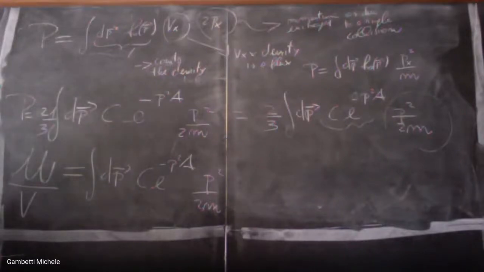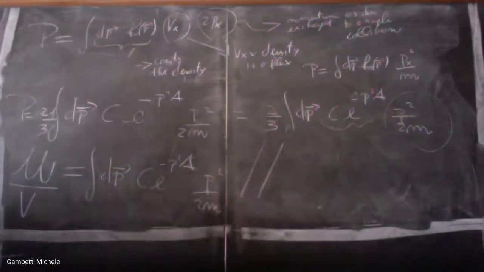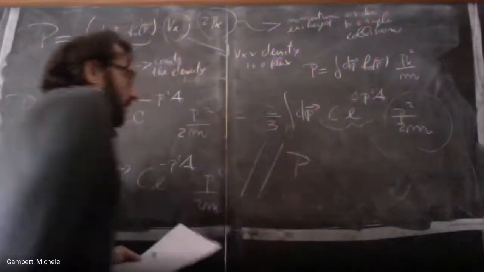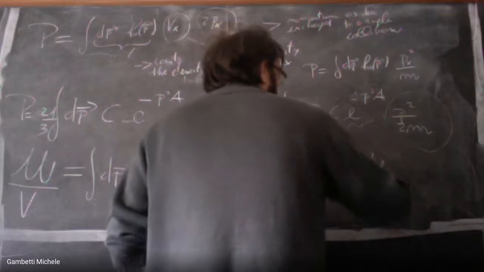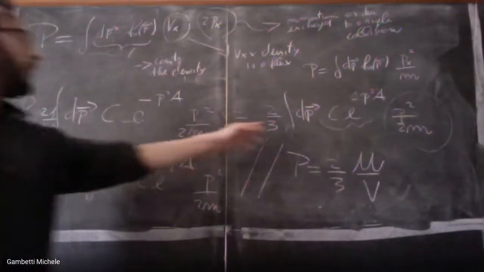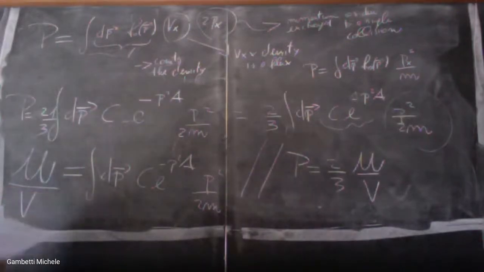Okay, so now from these two equations, you see that basically the pressure and the internal energy are the same, but for a factor of 2/3. So this 2/3 is u divided by v, this quantity.